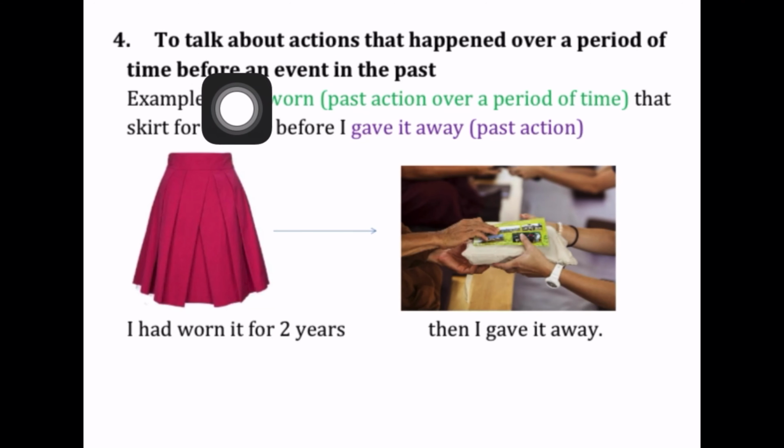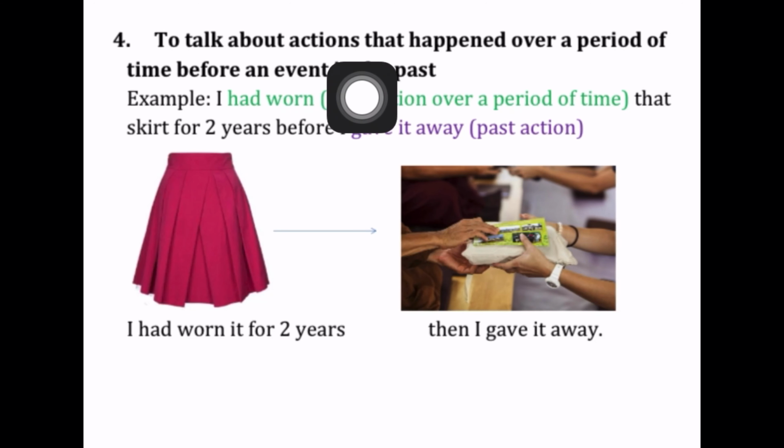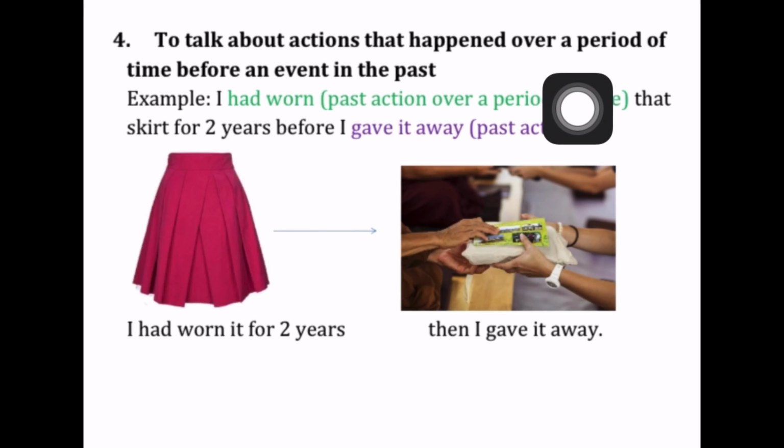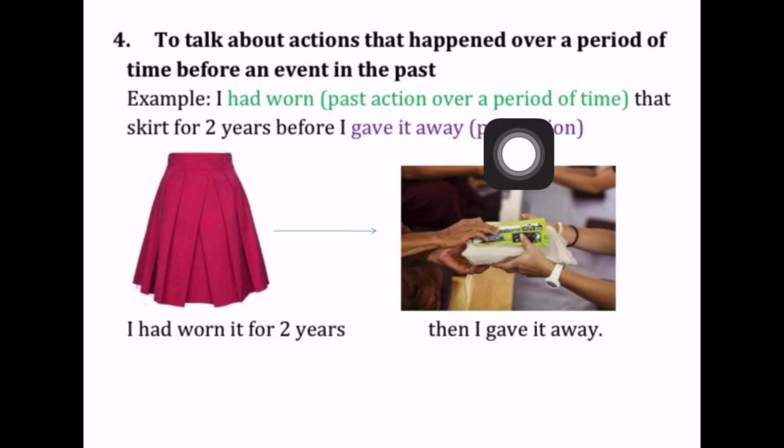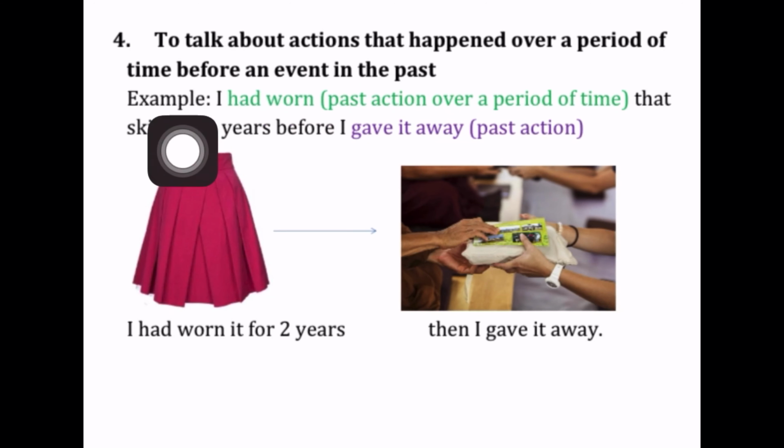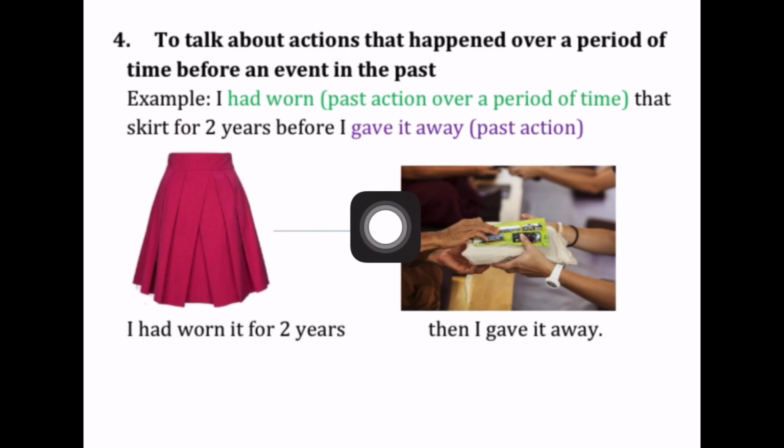Then use number 4. To talk about actions that happened over a period of time before an event in the past. And past එකෙත් past එක හා ඒ අතර කාලයේදී වෙච්ච දේවල්.